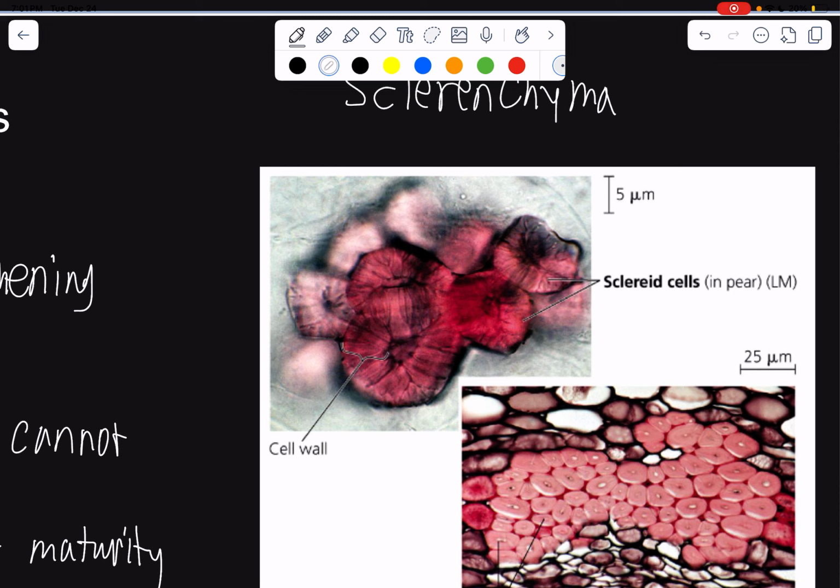Sclereids, which are boxier and thicker, but irregular, often impart the hardness to nutshells and seed coats and the gritty texture of pears.